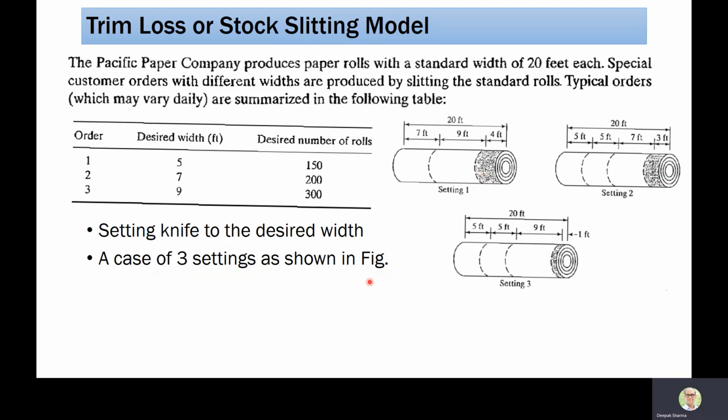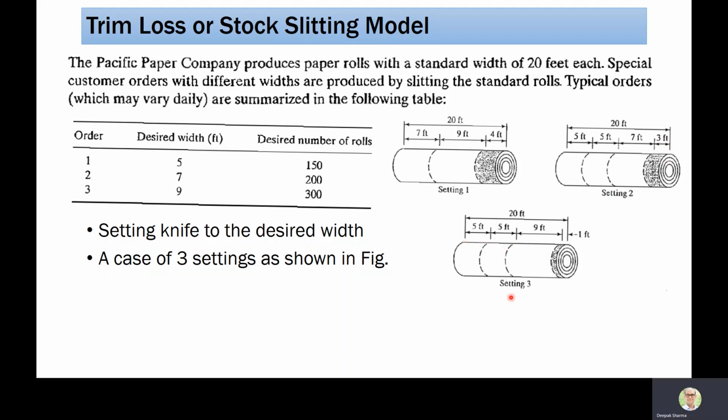Now let us take a case of these 3 settings. In setting 1, we will get 1 unit each of 7 and 9 feet, but 4 feet is the wastage. Similarly, in setting 2, I can get 2 units of 5 feet, 1 unit of 7 feet, and 3 feet will become waste.